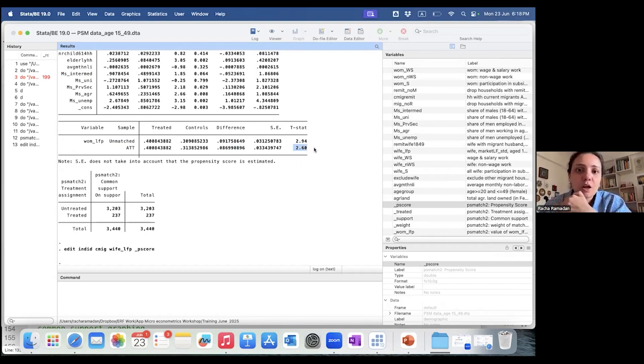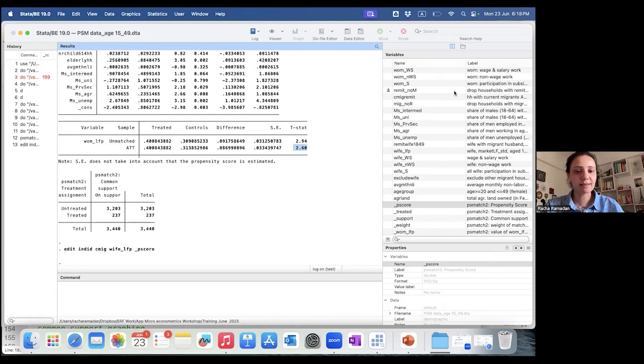In other words, do women who have a migrant in their household have participation in the labor market which is significantly different from those in the control who have no migrant? So this is the first question. And is this significant difference positive or negative? What can you say from this table? Anyone would like to answer?